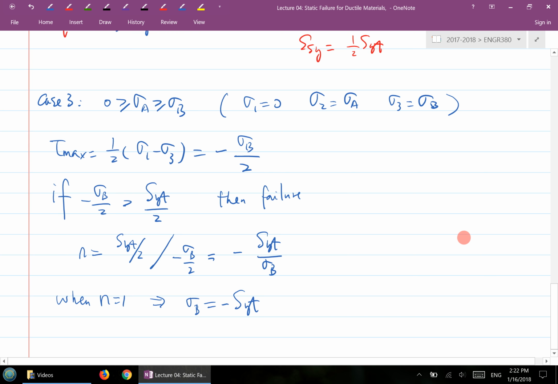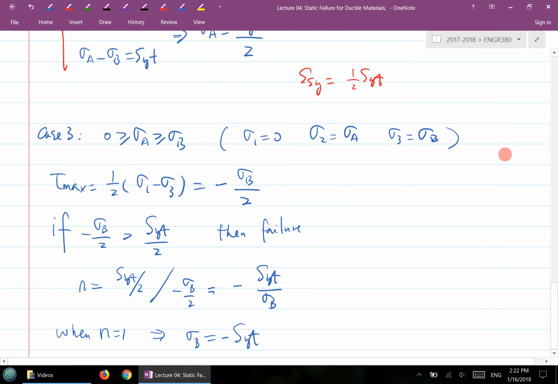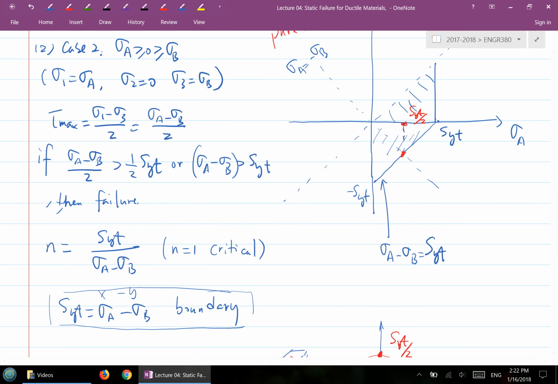Coming back to the graph, to finish this graph right here, the boundary in this case is this. When it's above that line, you're safe. If it's below that, then it's unsafe. Overall, the three cases will form the bottom here.